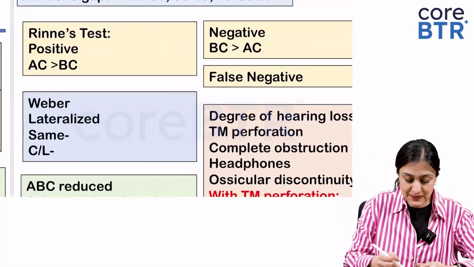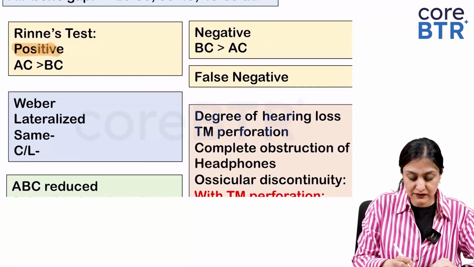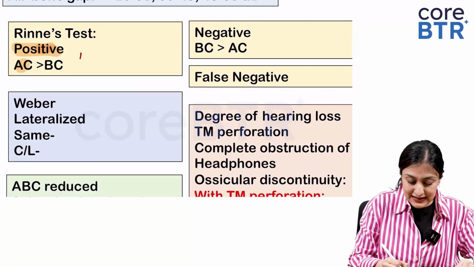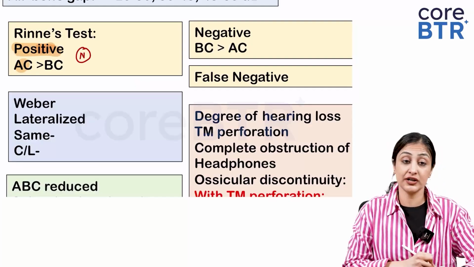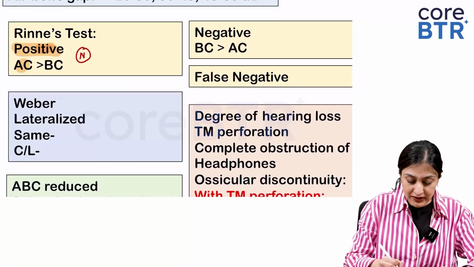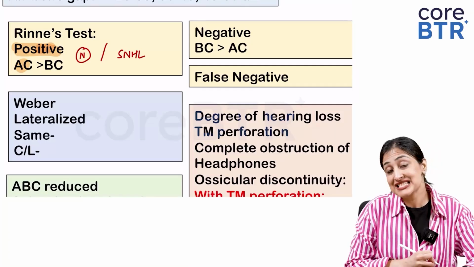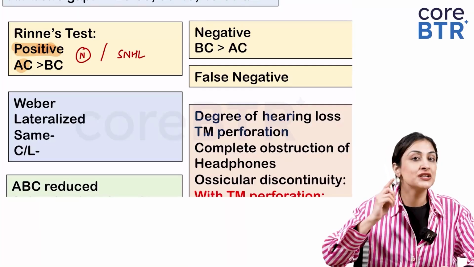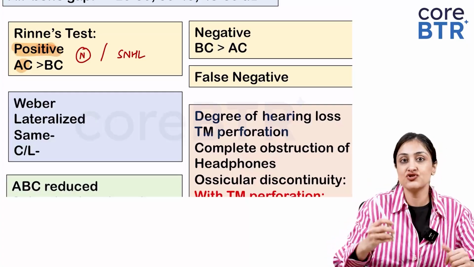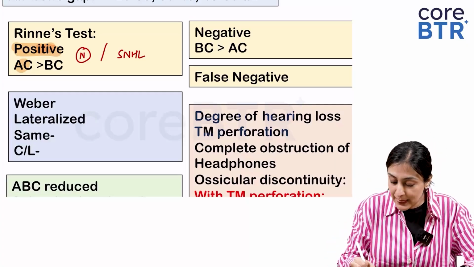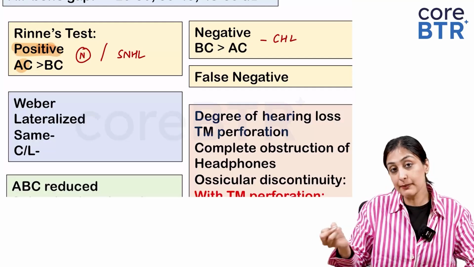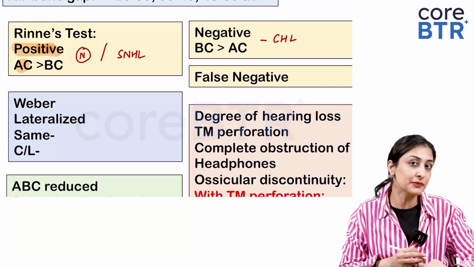So essentially Rinne's positive is normal, that air conduction is better than bone conduction, isn't it? Or can I say that it is SNHL? Essentially, all I can say is it's not conductive, because in conductive hearing loss, if nature's pathway is broken, I'm going to hear better via bone conduction. So that's the interpretation.